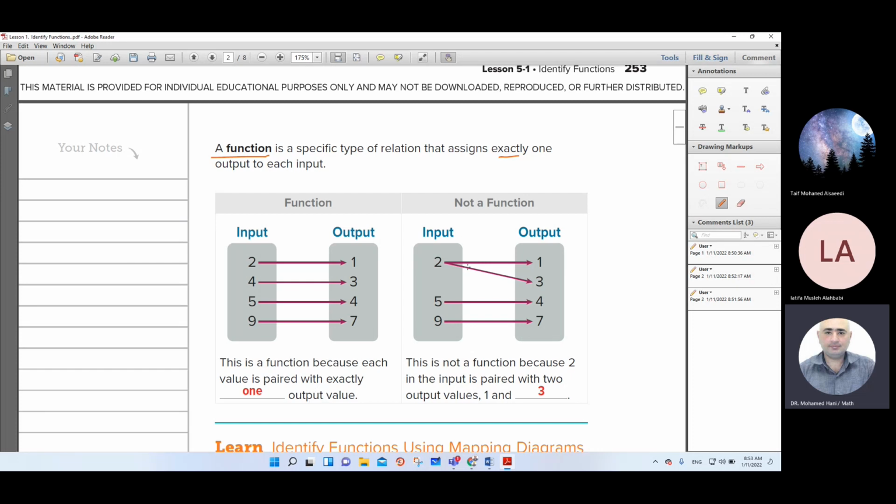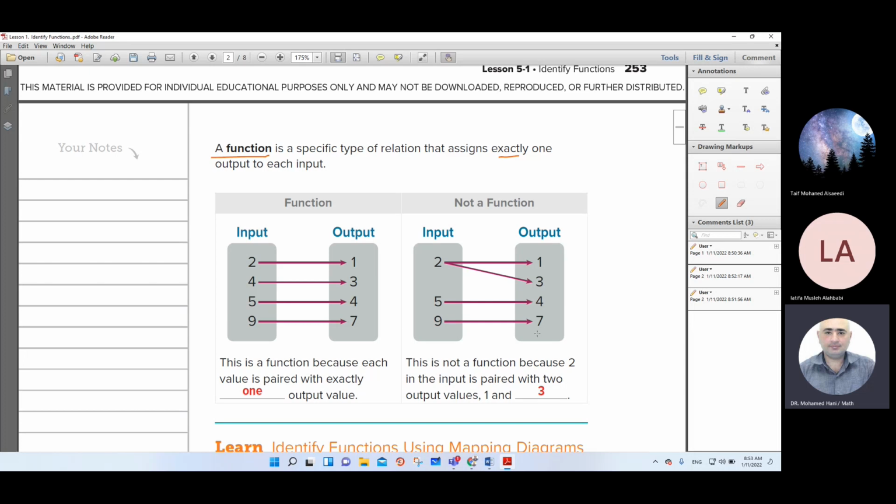The second type is not a function. Why? Because 2 has two relations, with 1 and with 3. So this is not a function because 2 in the input is paired with 2 output values, 1 and 3.